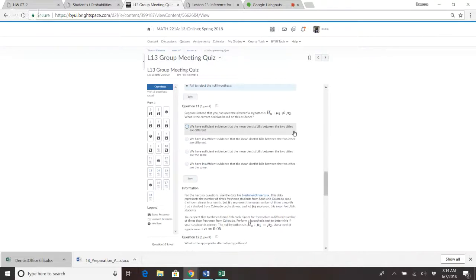Okay, and I have to really read this. We have sufficient evidence that the mean bills are different. We fail to reject, insufficient. Fail to reject the null.